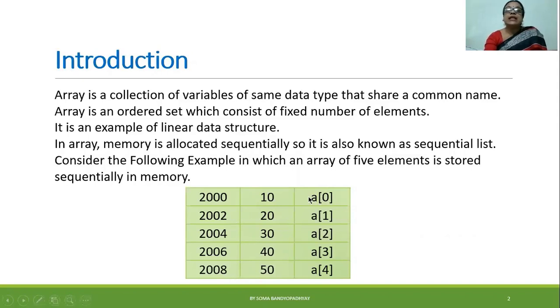A0 is the index of the array. A1 denotes 20. In A2, 30 is stored. In A3, 40 is stored. A4 indicates 50. So basically 10 is stored at memory location 2000 and 20 is stored at memory location 2002. Similarly, 50 is stored in memory location 2008.